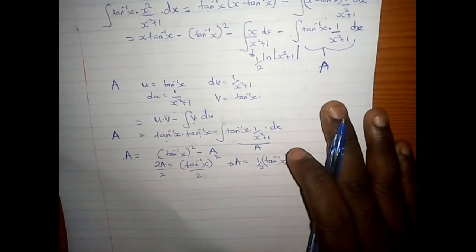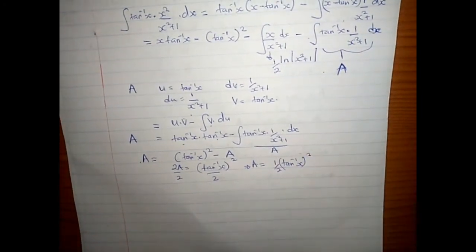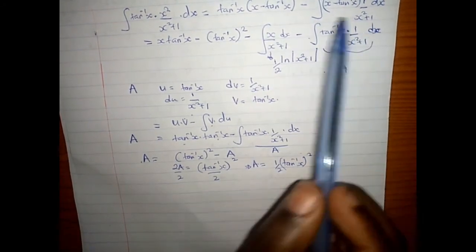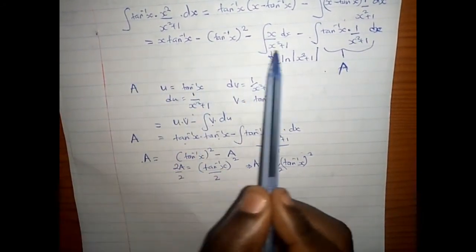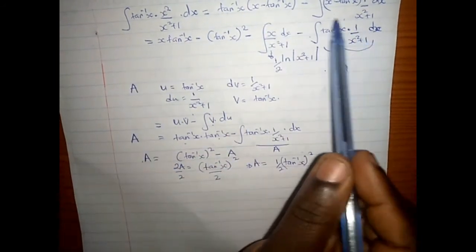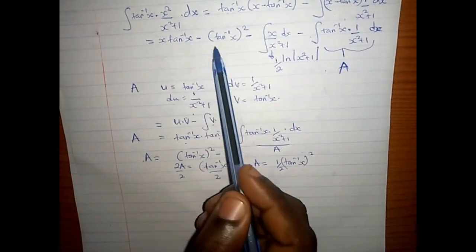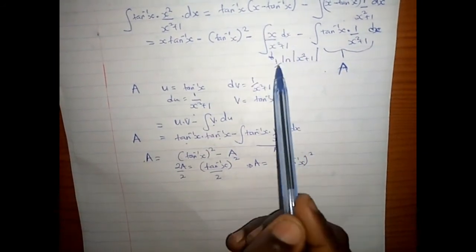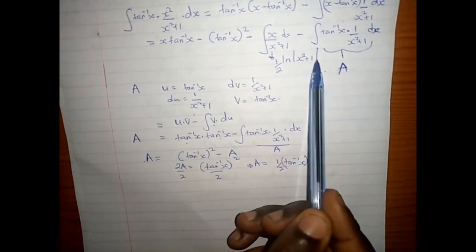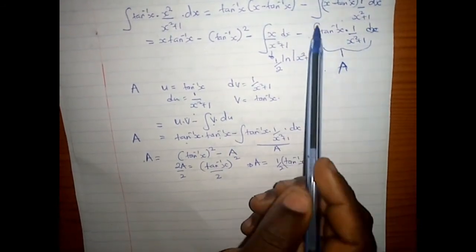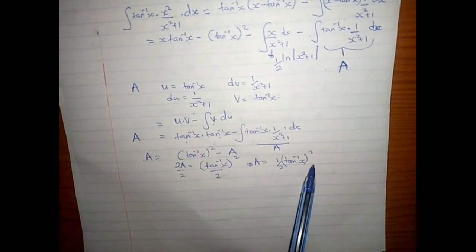The next step we are going to do is that we have gotten our a here, so we are going to write this expression that we had. Since we have this answer, we have the integral of this, which is a half ln of x squared plus 1 magnitude minus a, whereby my a is a half tan inverse of x squared.